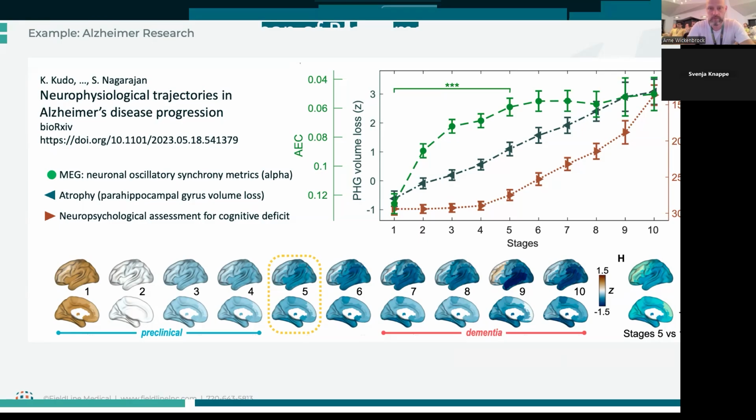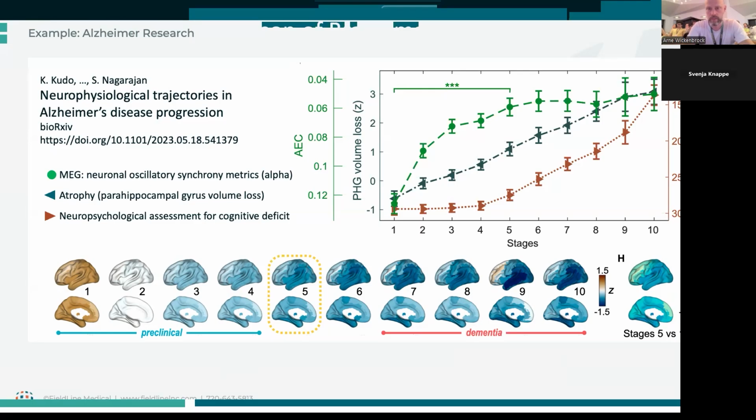One is neuropsychological assessment. You get asked lots of questions by your neurologist, and at some point they determine you have dementia or Alzheimer's.